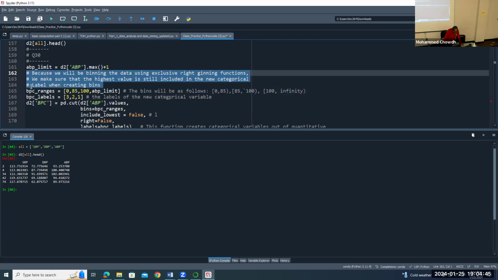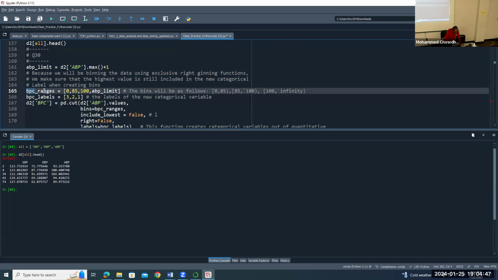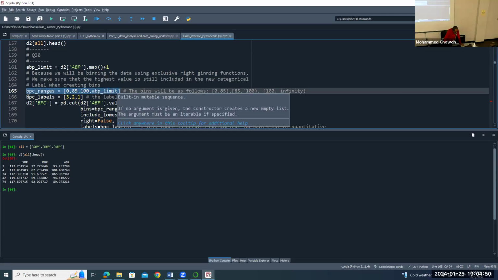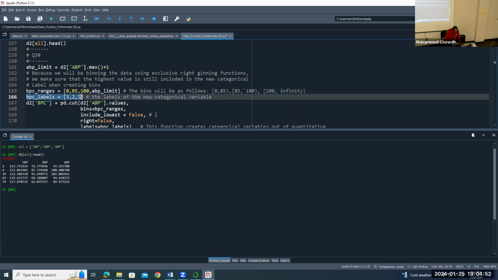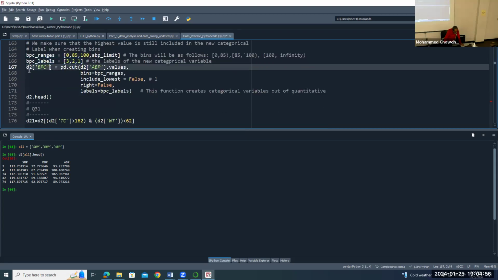Now, this is the blood pressure category range, and this is the blood pressure category level. Then how can I create the new variable BPC? In the D2 data, I am creating the BPC variable using pd.cut. From the D2 data, I am taking ABP values and putting them in these bins, with include_lowest equal to false, right equal to false, and labels equal to the BPC levels.